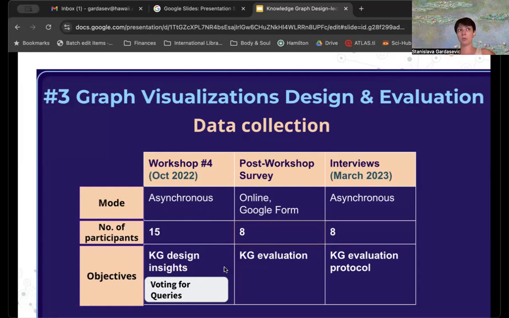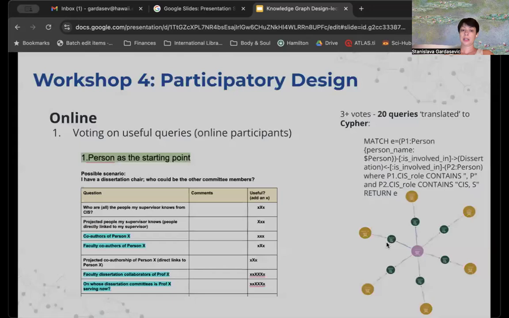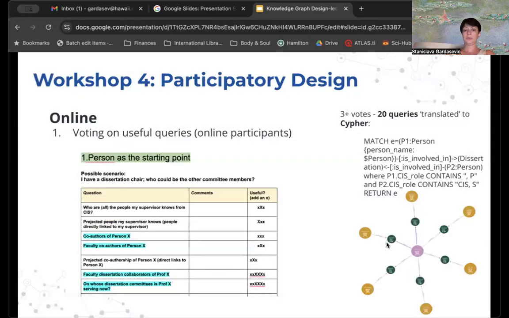So I'm interested in what questions are important for you in order to prepare visualizations for you. The interviews are the core of this third stage, and it had 8 people involved.